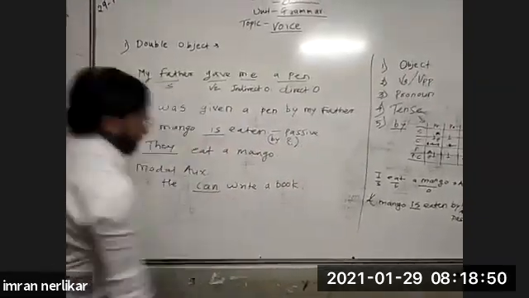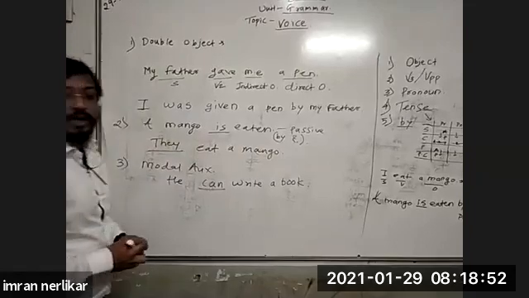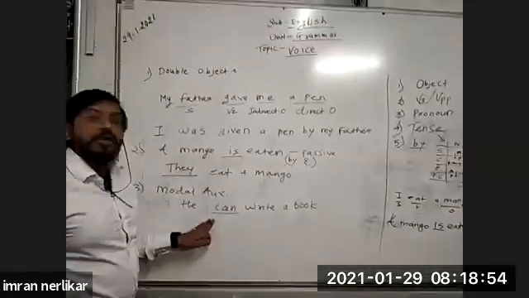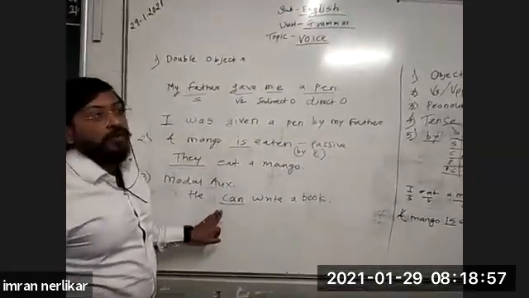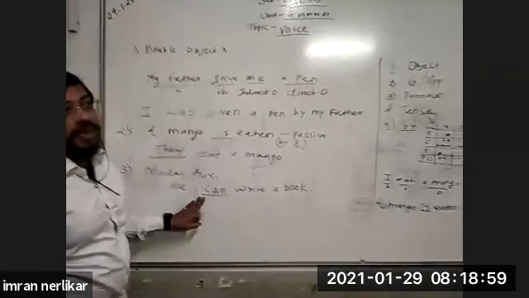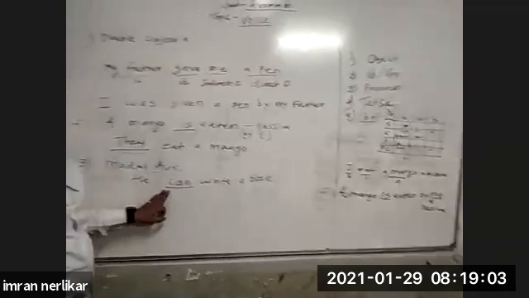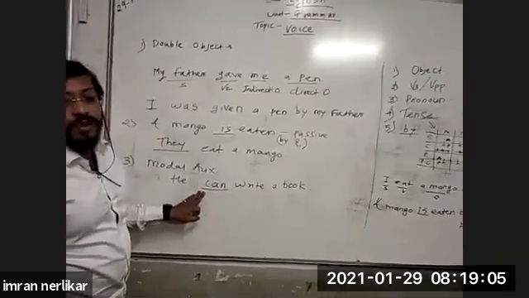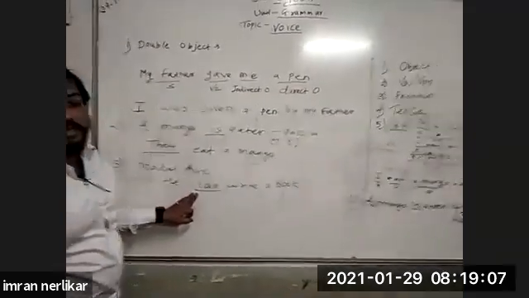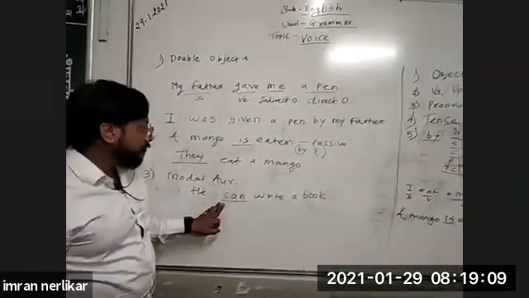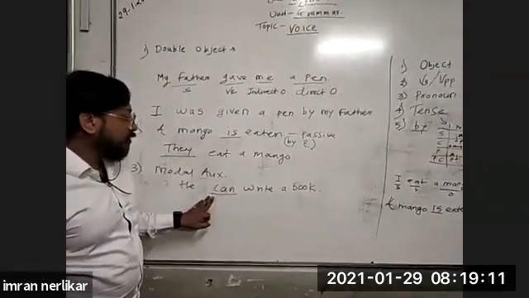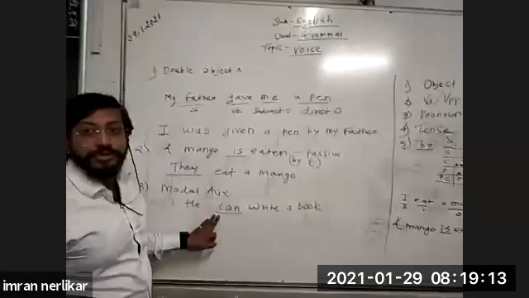Now this is modal auxiliary. You know that there are 24 helping verbs. Is, am, are, was, were, have, has, had. Will, would, can, could, shall, should, may, might, must, need to, ought to, used to, dare to. And then do, does, did. So this is modal auxiliary which is used here, can.